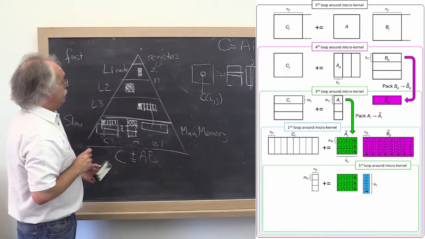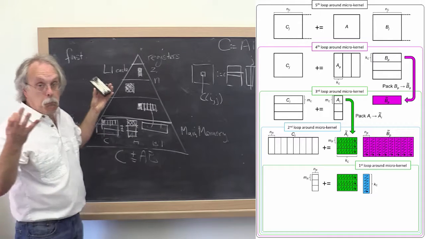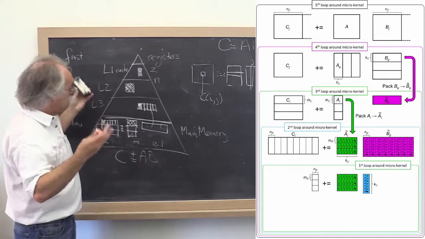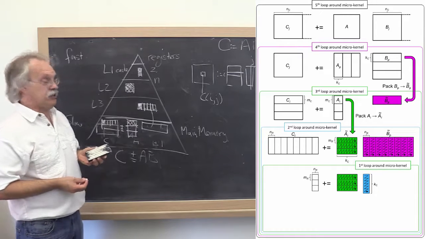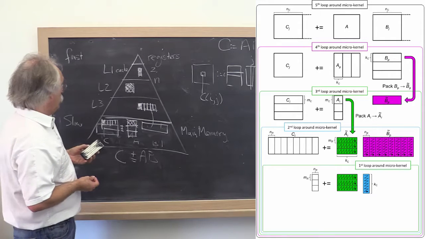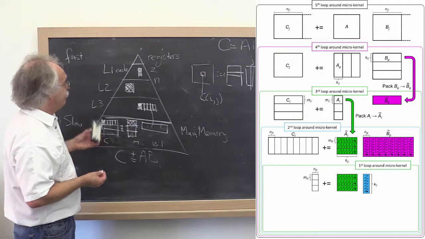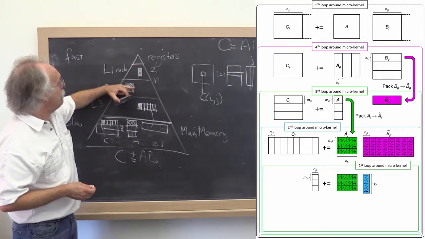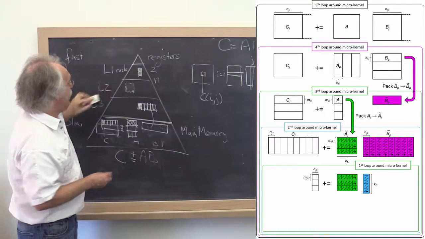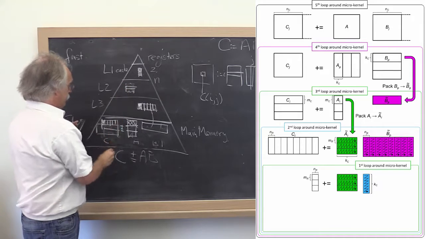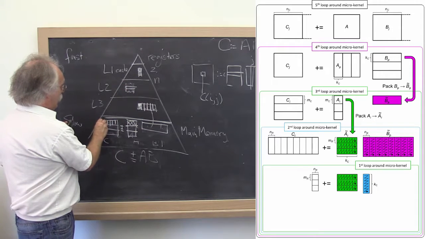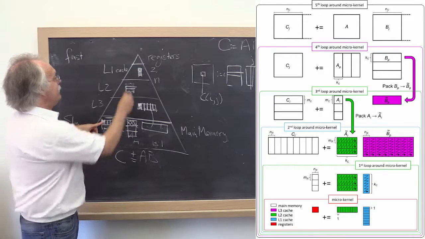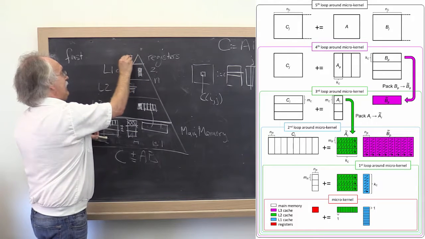And for that, we end up doing what? Well, we do what we do well. We partition again. And how do we partition this time? It turns out that you end up partitioning matrix A into little slivers, and then you end up with tiny little blocks of C which actually fit in the register.